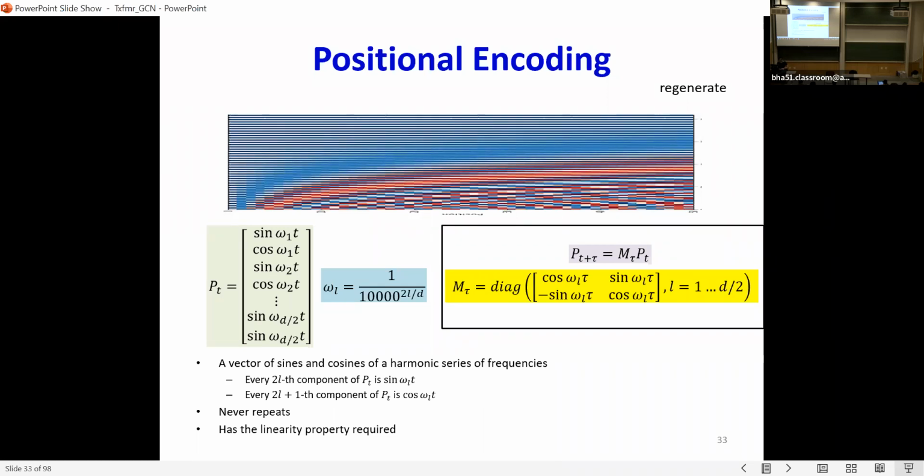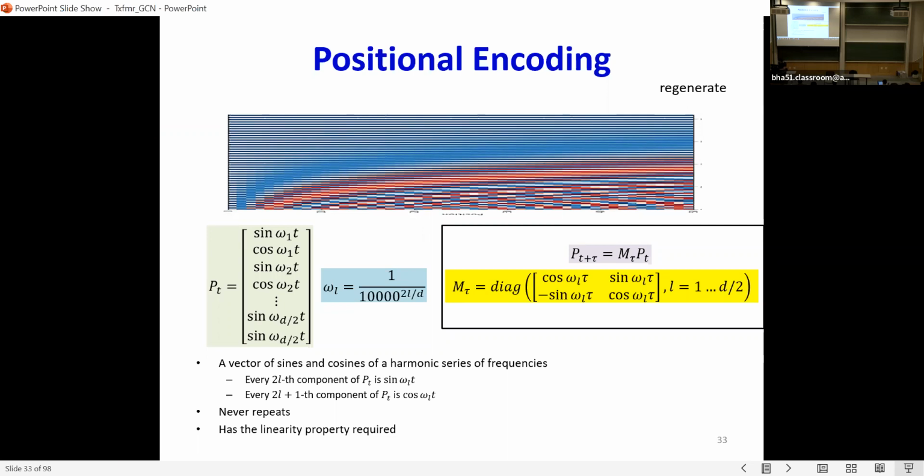And you have this very nice relationship between PT and PT plus 1 or PT plus 2 or PT plus K, which is that the second one is the first one multiplied by a block diagonal matrix of this form, which is a property that you can easily derive using high school level trigonometry.